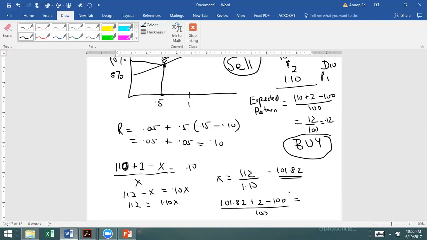Why am I not getting this perfect? Hold on. 110 plus 2 divided by 101.82.